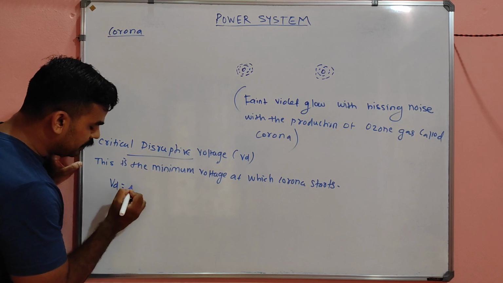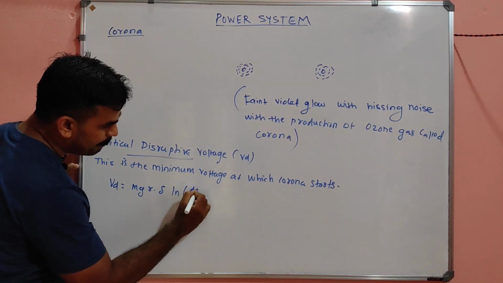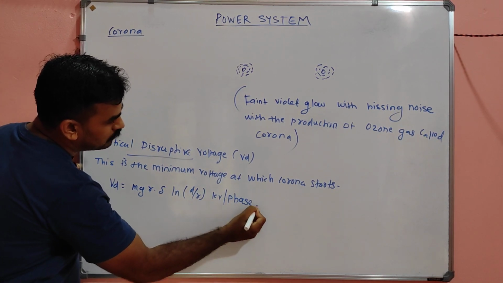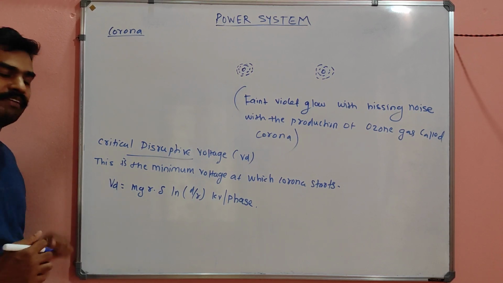So VD will be equal to, this is the expression for the critical disruptive voltage VD.